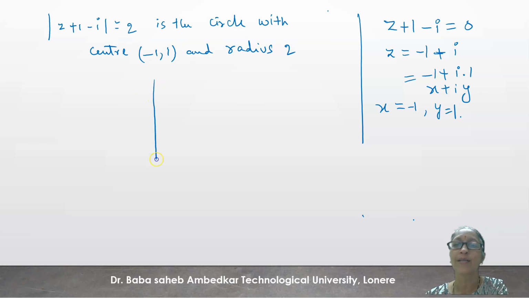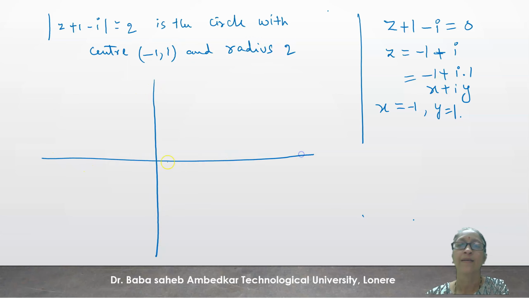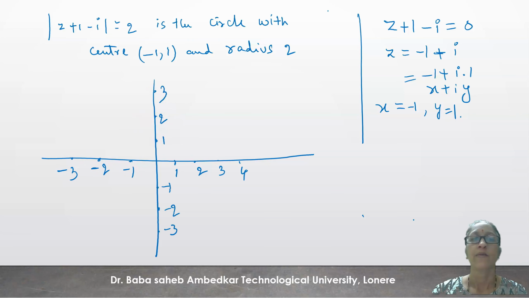If we plot this, here 1, 2, 3, 4, and so on; here minus 1, minus 2, minus 3, and so on; here 1, 2, 3. The center is minus 1, 1. That means this one is the center, and the radius is 2.